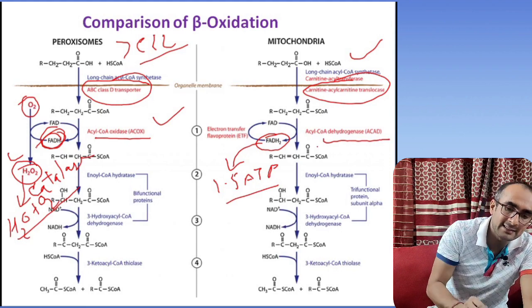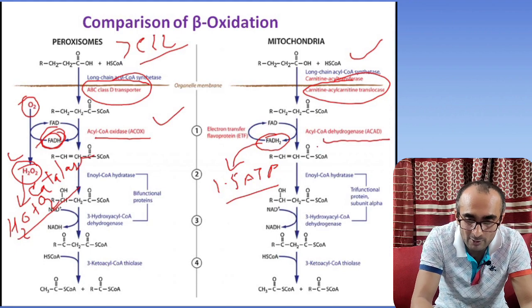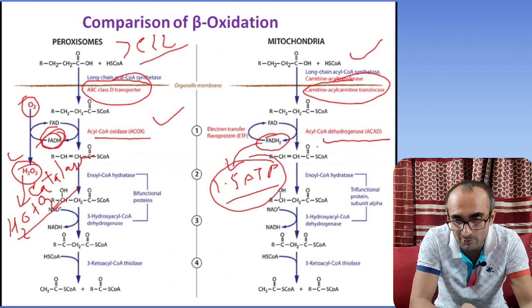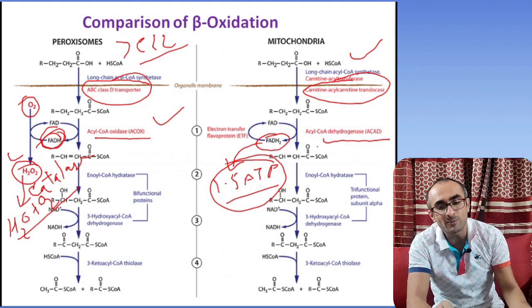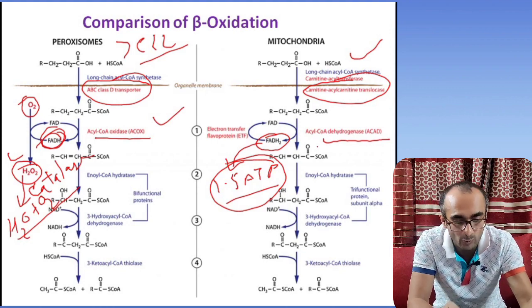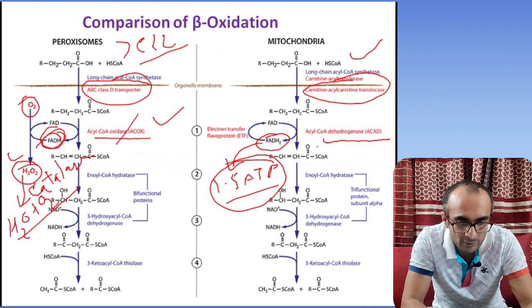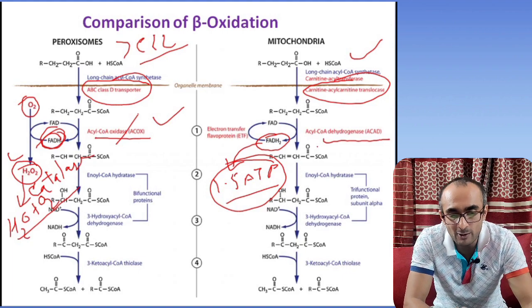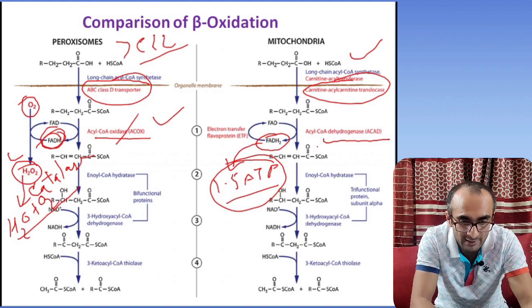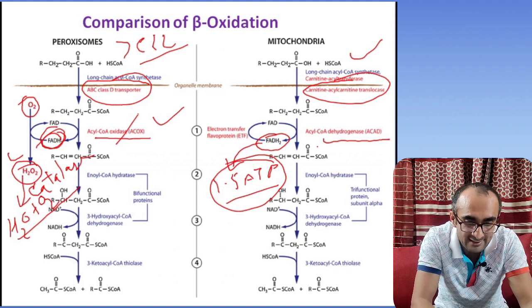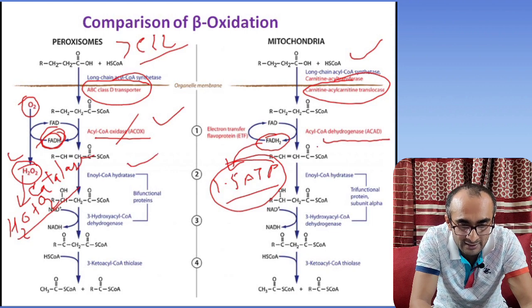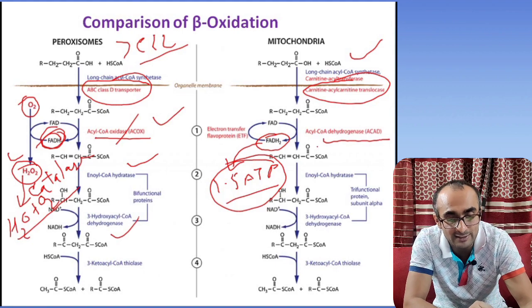So in peroxisome, the 1.5 ATP which was produced in mitochondrial oxidation is not there. So 1.5 ATP per cycle is lost in beta oxidation in peroxisome. The fourth major difference is in the second and third enzymes, enoyl coenzyme A hydratase and 3-hydroxyacyl coenzyme A dehydrogenase.